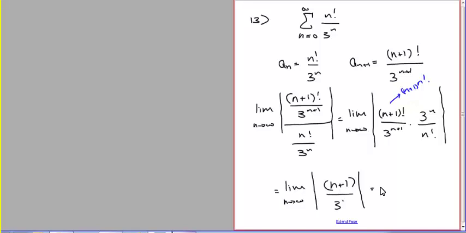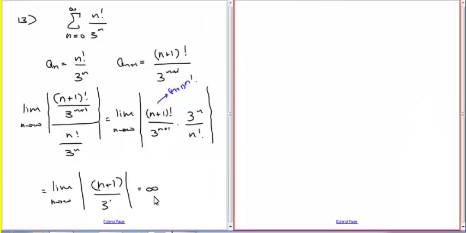So in this case, if you let n go to infinity, this goes to infinity. And the ratio test says this has to be less than 1 for this thing to converge.